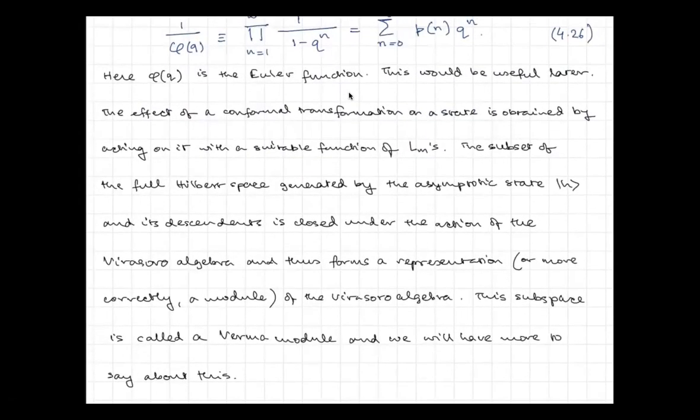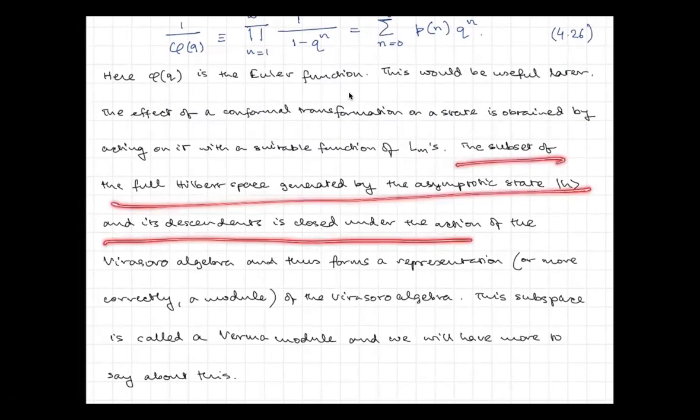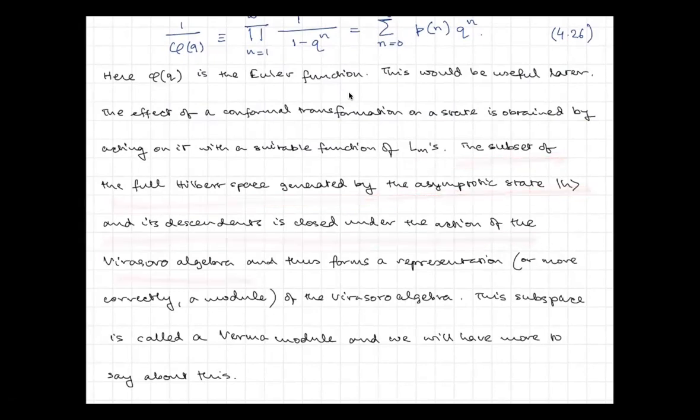All right, so as I write here, the effect of a conformal transformation on a state is obtained by acting on it with a suitable number of LMs. The subset of the full Hilbert space that is generated by this asymptotic state H and its descendants is closed under the action of the Virasoro algebra.